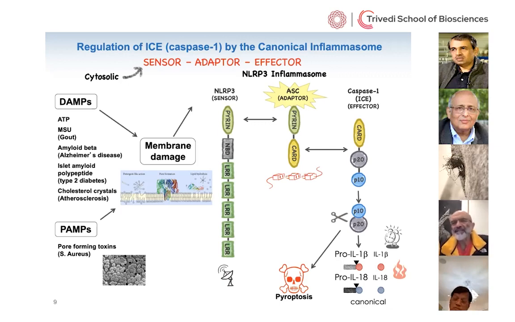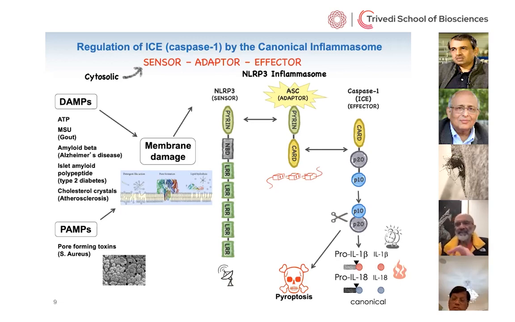Now, this adapter serves as a bridge and allows the sensor to form a complex with the effector caspase 1, interleukin-1 converting enzyme, through a second set of homotypic CARD interactions. Now, once this is assembled, this is what the late Jürg Tschopp called the inflammasome, you get activation of caspase 1. So in my cartoons, the active protease is an open scissors. And this caspase 1 is going to cleave pro-IL-1 beta and pro-IL-18 to give you the mature cytokines.